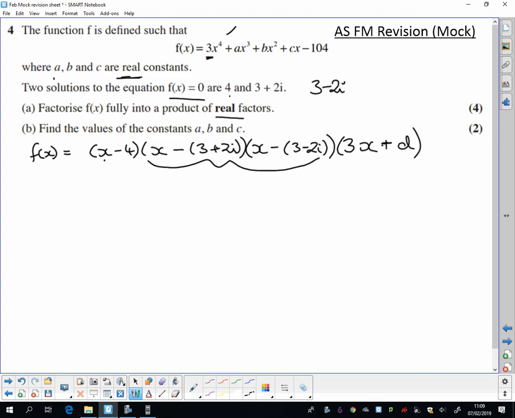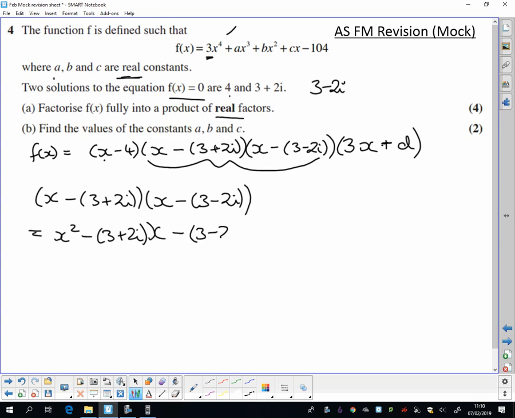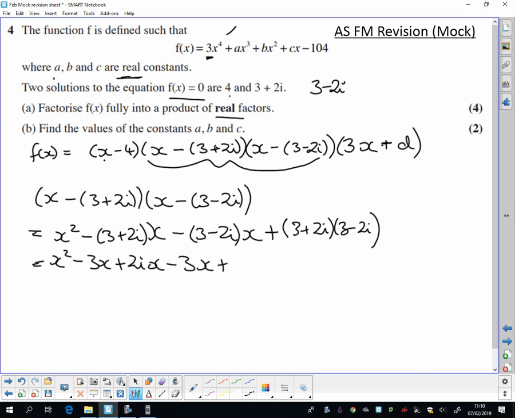So what I'm going to do now is look at this bit and expand that, and that will give me a quadratic with real coefficients. Oh, the sign's gone wrong here.